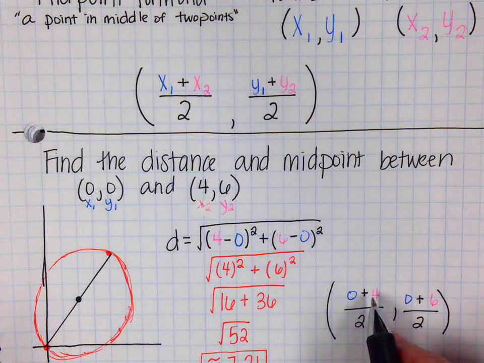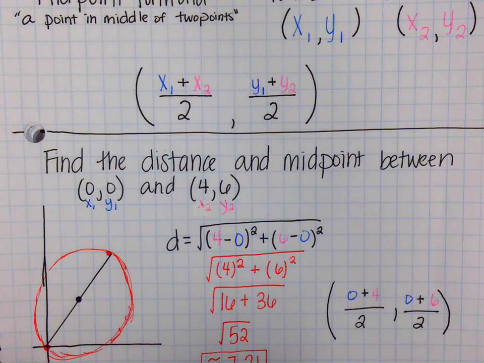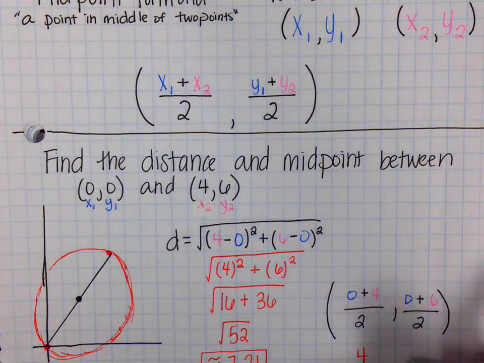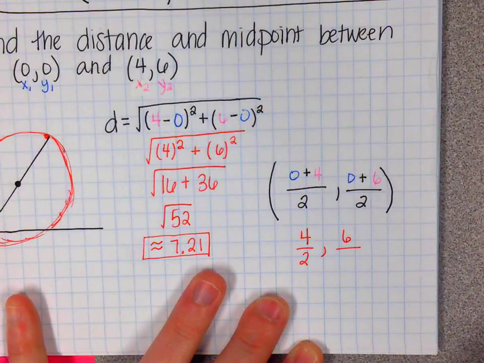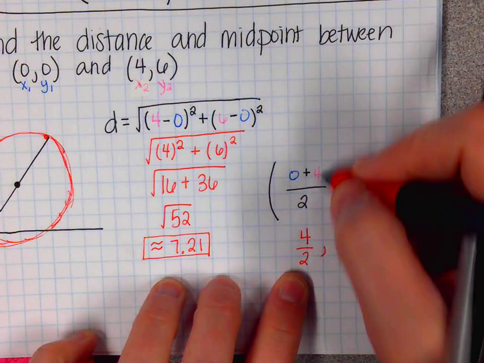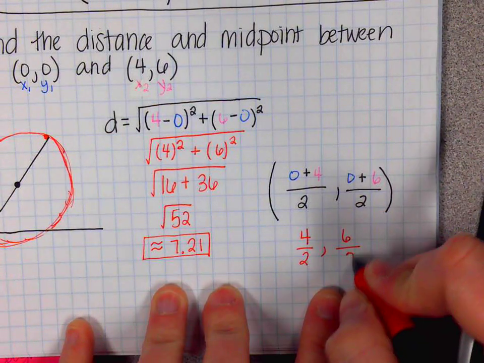So 0 plus 4 is 4, divided by 2. 0 plus 6 is 6, divided by 2.